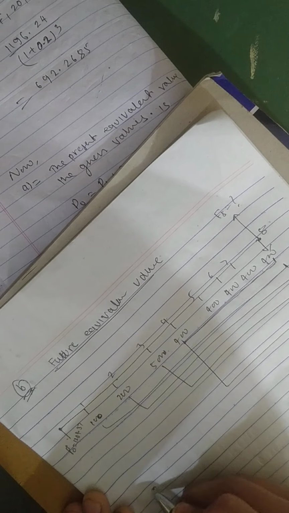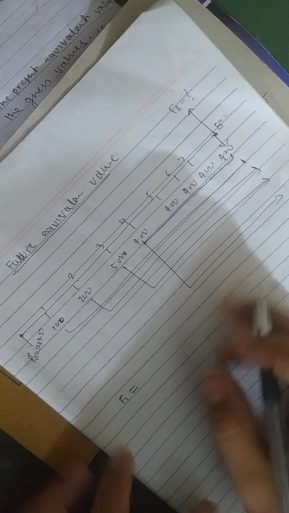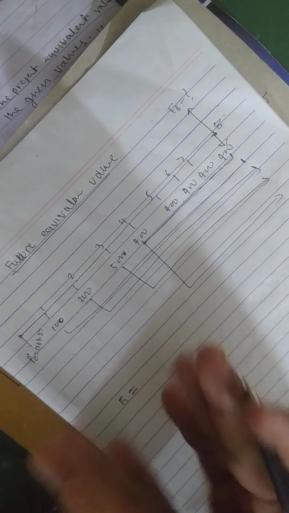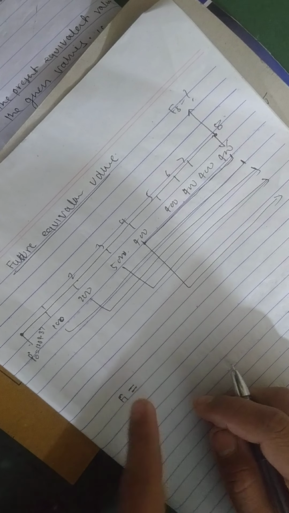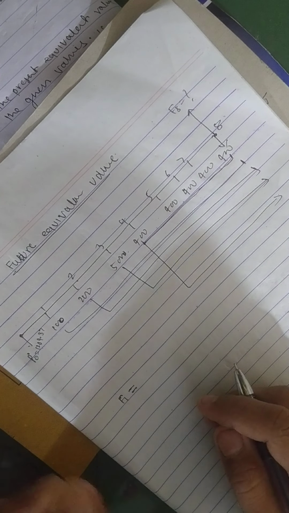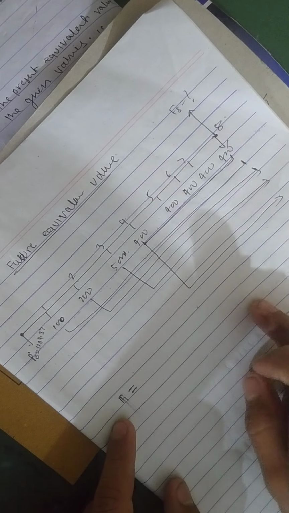So first of all, for F1, for the first year, I am writing this in the form of a function, for this first one only. For the second and third I will not write it, I will directly calculate it.